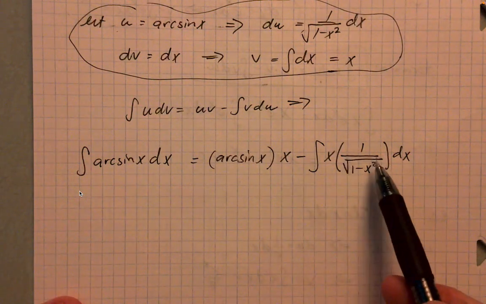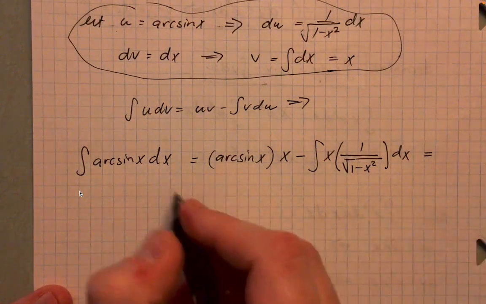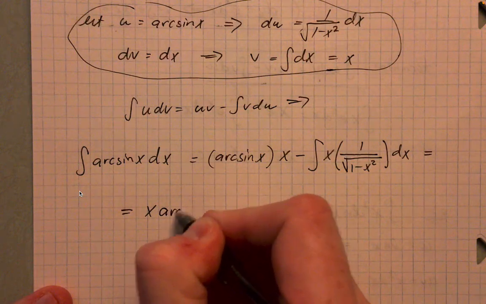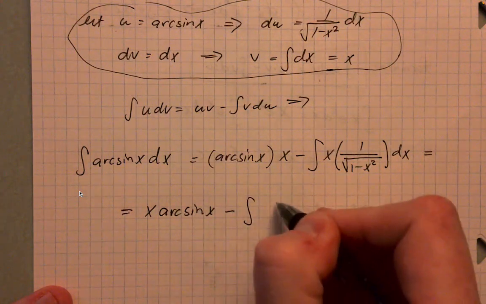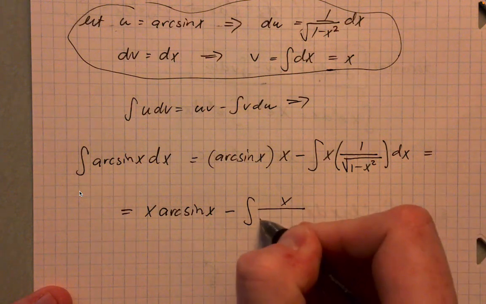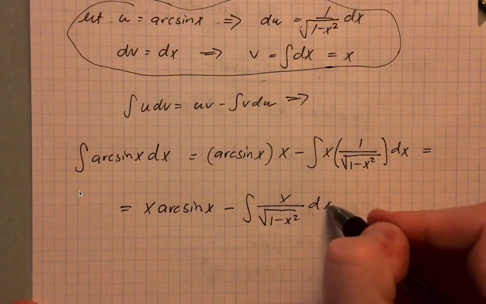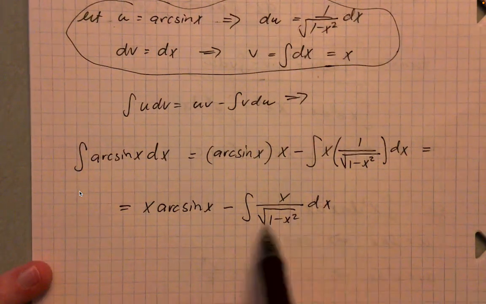Now, is there some way to integrate this? Well, it turns out that there is. So let's write this as x arcsine x minus the integral of x over the square root of 1 minus x squared dx. Now we can use a u substitution here.